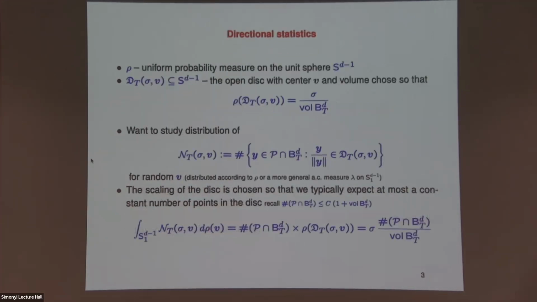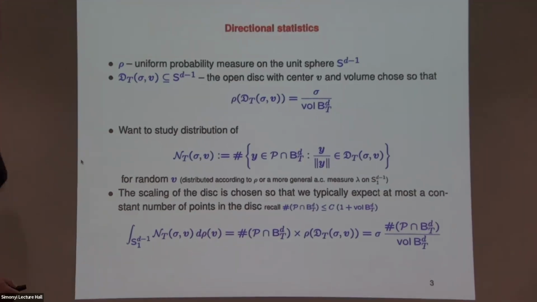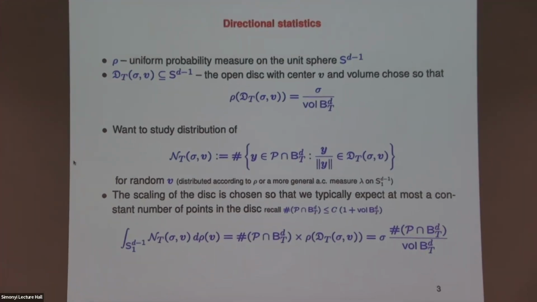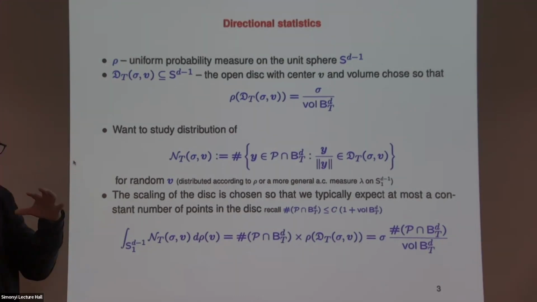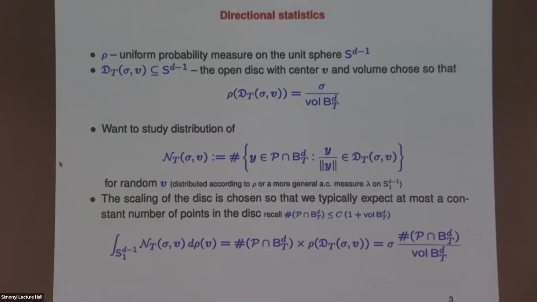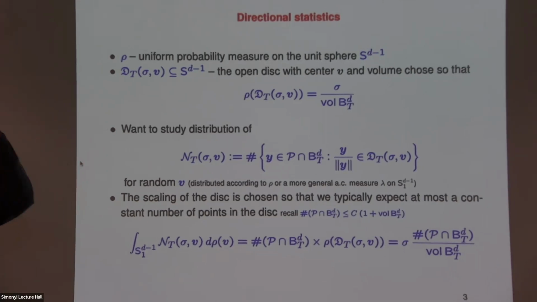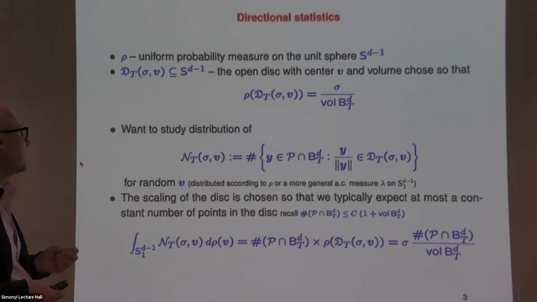Okay. So I'll denote by rho the uniform probability measure on the sphere of directions. And now to define what I mean by understanding the pseudo-random properties of my projected point set, I'll test that by placing a disk at random on my unit sphere, and I ask what's the probability of finding k points of my point set in that disk.